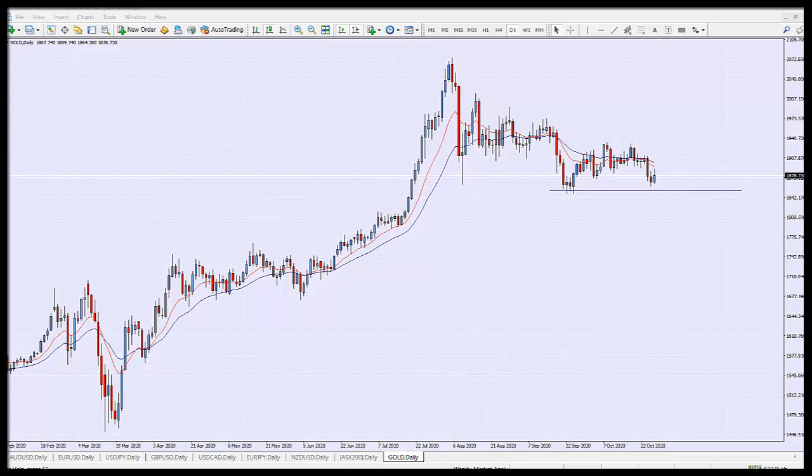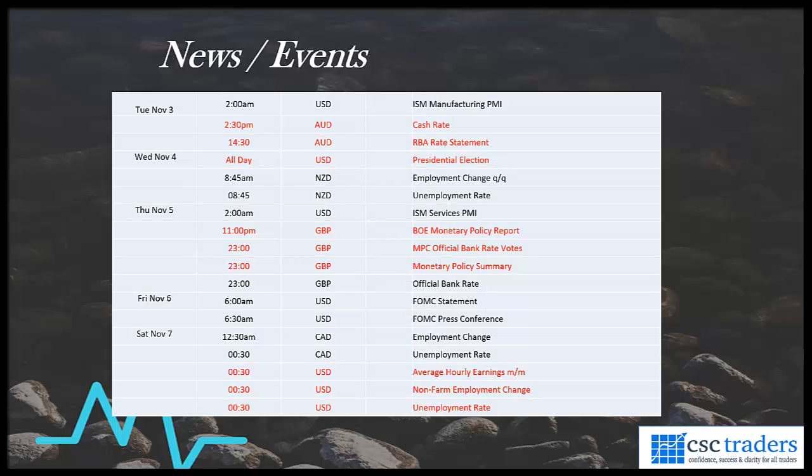Now this week is also a big week in news. Let me bring that up so that I can show you, and I'll just talk you through that. Just one moment. Okay, so the most obvious one is we have the presidential elections happening. That's Wednesday throughout the whole day. How much of an impact that will have on the markets is difficult to say.